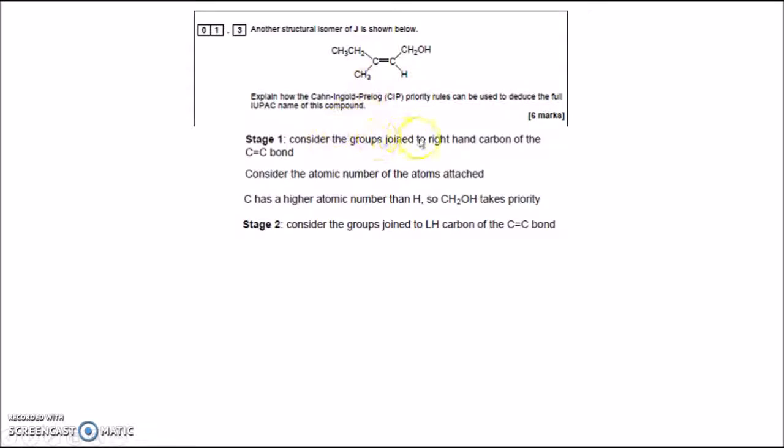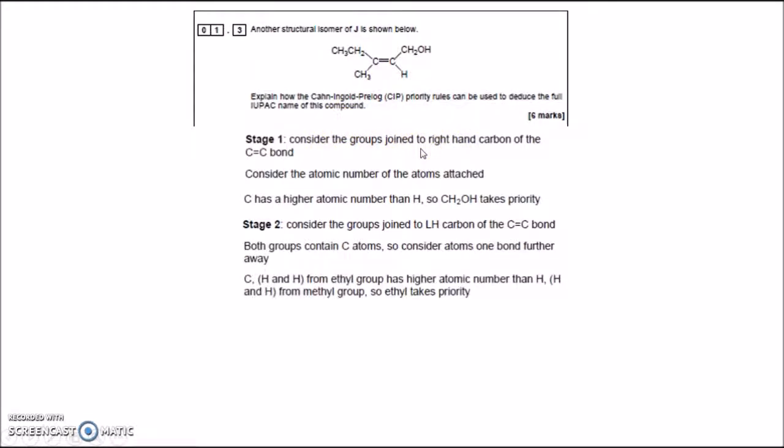So now, consider the groups joined to the right hand side or the left hand side. We've done the left hand side first. Consider groups joined to the left hand side of the carbon-carbon bond. Both groups contain carbon atoms, so go 1 bond further, and this carbon here is joined to another carbon, so the ethyl group takes priority over the methyl group.